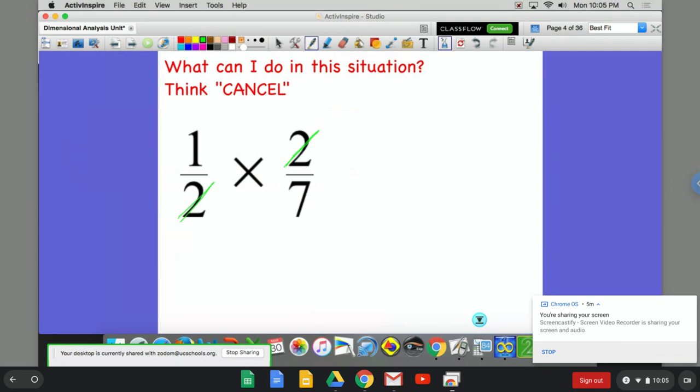And so those are always going to reduce, which leaves us 1 and 1. So now if we multiply across, we get that 1/7. So we're still going to get the same answer. It's just a little bit easier and a little bit faster. And so that is important because of where we are going, because we're going to be dealing with fractions or rates every single time as we convert between measurement to measurement.